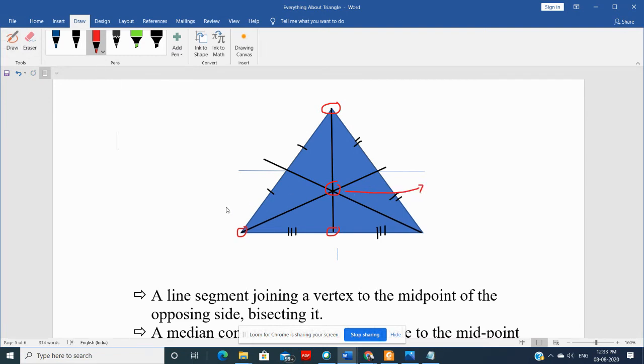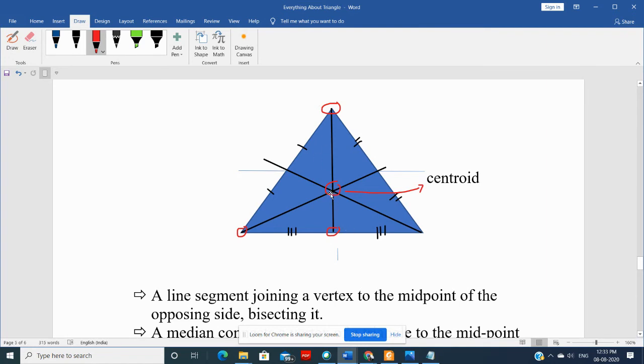Okay, it's your centroid. This is called centroid.